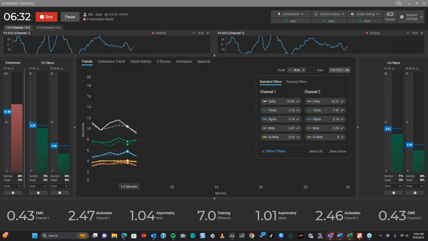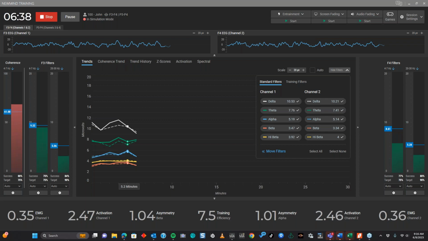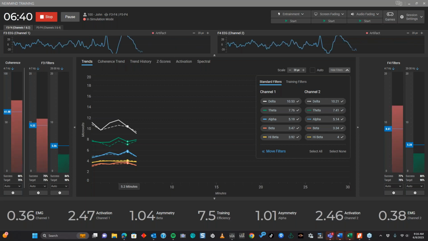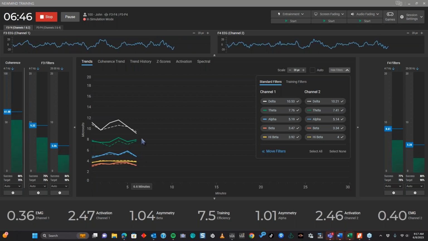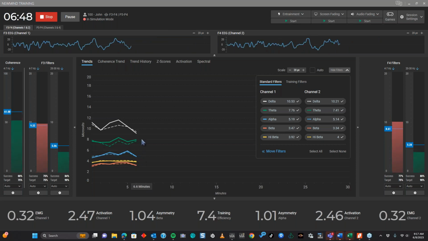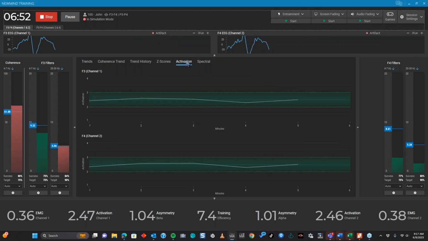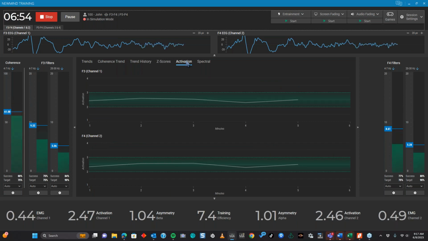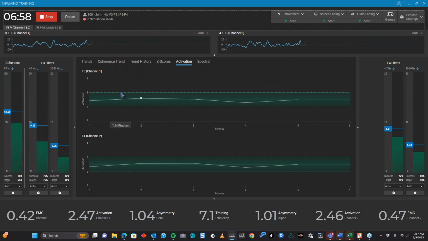So out of that 5 to 6 plus or minus 2, the young kids, we would expect them to have a higher than average amplitude. Whereas if we were training somebody in their 70s, 80s, 90s, we would expect them to be at the lower end of that range. So if they're running really high beta, more than likely it's from tension.